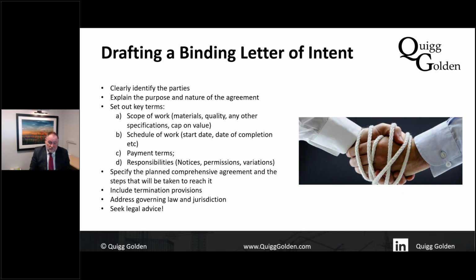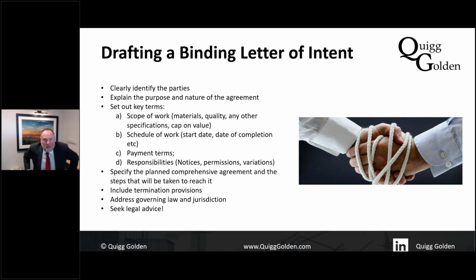And Cleveland Bridge says, well, we've got a big counterclaim because the program and the sequence you delivered them in have caused us a massive delay and costs. And the judge said, well, they may well have done, but there is no obligation in this letter of intent as to program or delivery sequence, and therefore the counterclaim failed.